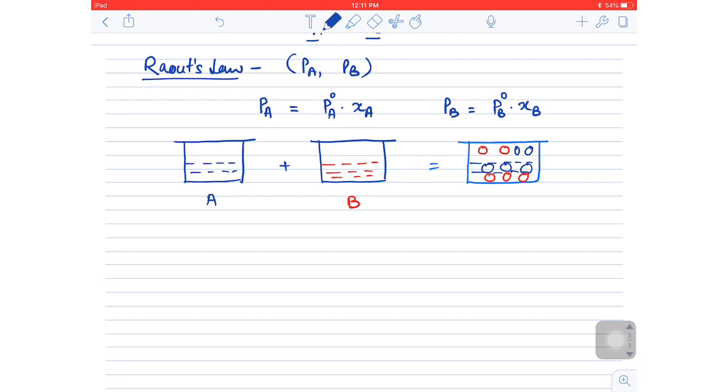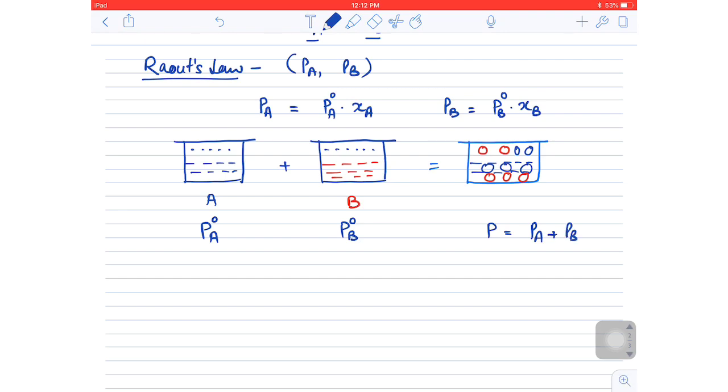Before mixing, here it will exert some pressure, and here it will also exert some pressure. This pressure before mixing is P naught A, and here it will be P naught B, and here it will be P, which will be the sum of PA and PB.